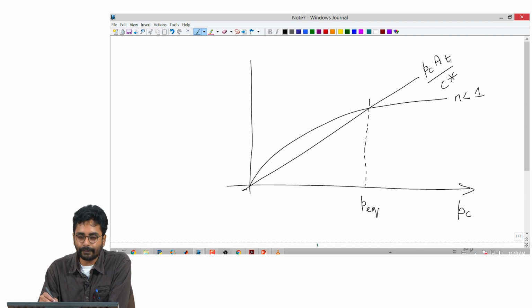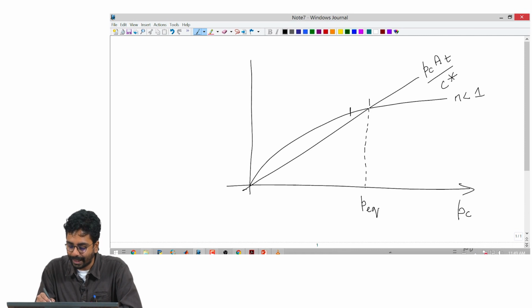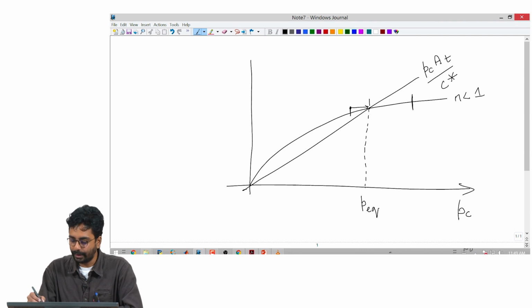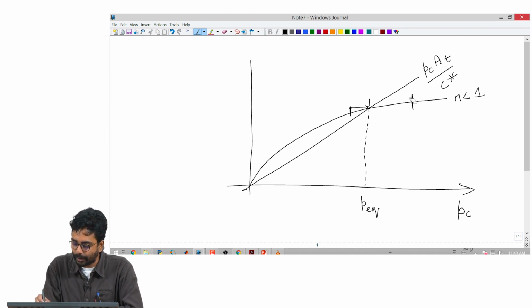If you start from a pressure that is less than the equilibrium pressure, the mass generation rate is greater than the mass outflow, therefore the right hand side is positive, and the pressure will increase and come to the equilibrium value. You start from here, you will go to the equilibrium point. Instead, if you start from a higher pressure, the mass generation rate is smaller than the mass outflow rate, therefore the right hand side is negative, and this will automatically push you to the equilibrium point.